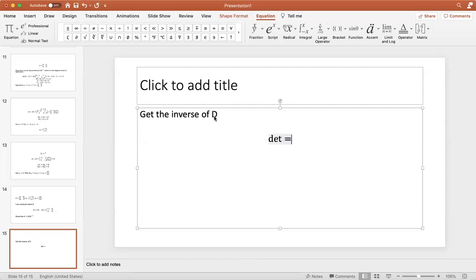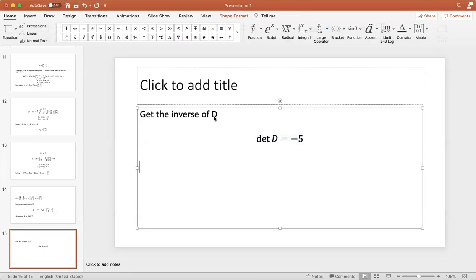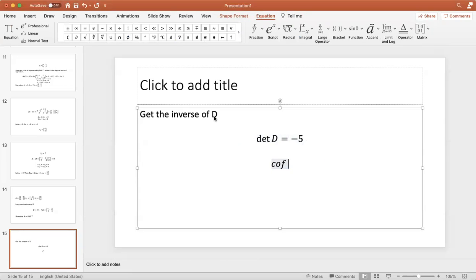So the determinant of D is equal to -1 minus 4. So you have -5. Okay. So the cofactor of D would be another matrix obtained by deleting the corresponding rows and columns and getting the determinant of those.